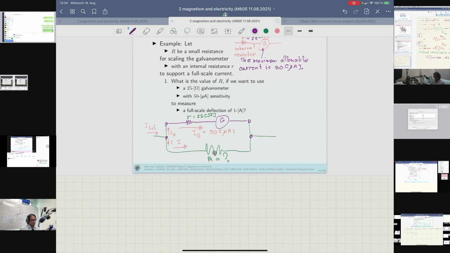V upper will be IR, so the I in the upper branch is IG times small r. In the lower branch you have IR as well, which is capital I here, and the resistance in the lower branch is capital R.